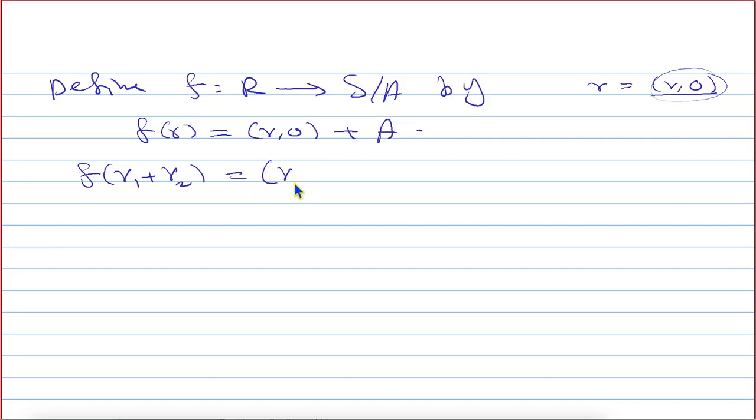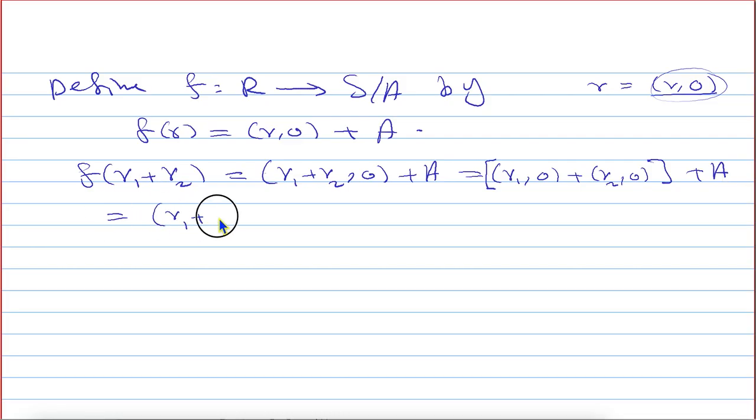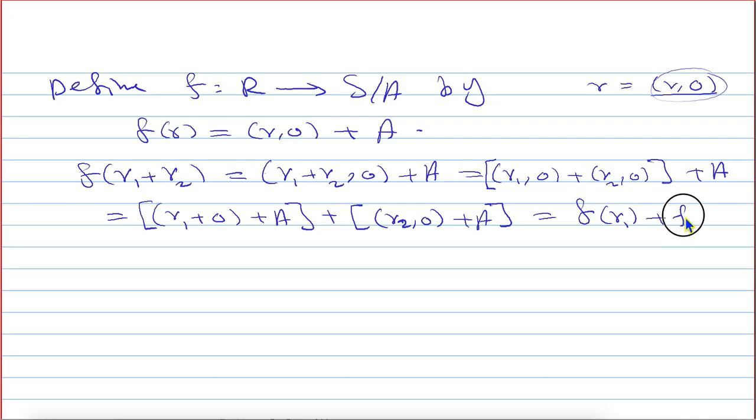This equals r1 plus r2 0 plus A. And by definition of addition, this equals r1 0 plus r2 0 plus A, which is equal to r1 0 plus A plus r2 0 plus A, and this is precisely F of r1 plus F of r2.